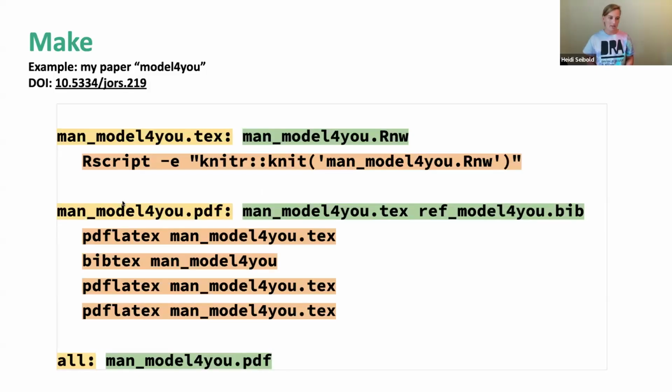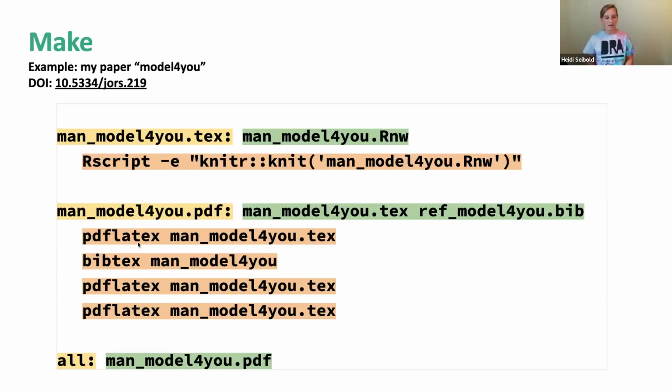So let's go to this example. This is essentially very similar to the one that we saw before. We want to create the PDF file, and we have a TeX file that it depends on, and a BibTeX file. What those different files mean doesn't really matter that much, but this is the code that we need to execute to actually generate it.